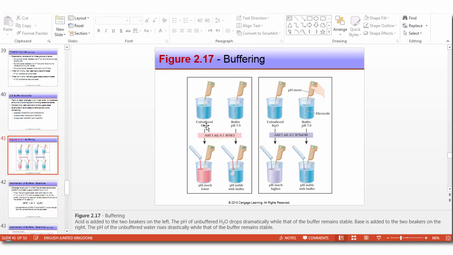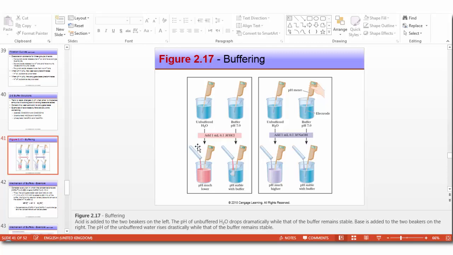Notice here we have the unbuffered water, which has a pH of 7, and a buffer with pH 7. We add to both of them 1 ml of 0.1 molar HCl. Notice that the pH decreases by only 0.1 in the buffer, whereas it decreases to the value of 3 in water.